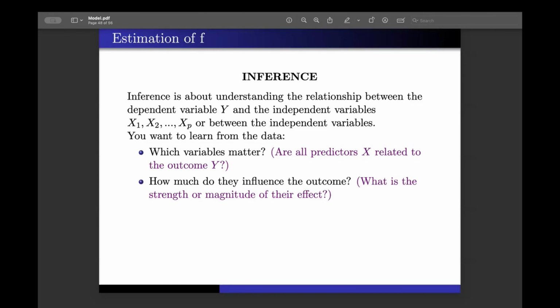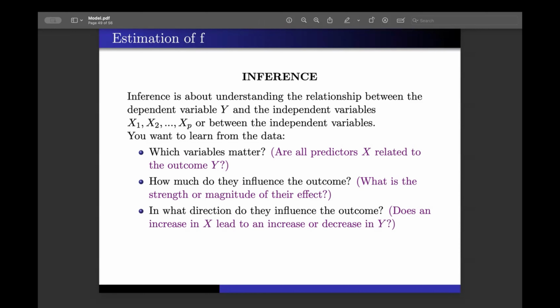The second question is, once you have identified which variables are actually related to the dependent variable, what is the strength or magnitude of their effect? Basically, how much do they influence the outcome? Next obvious question would be, does an increase in the value of the independent variable lead to an increase or decrease in the value of the dependent variable?